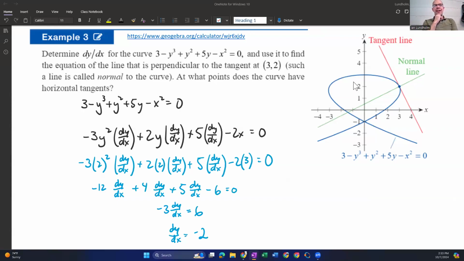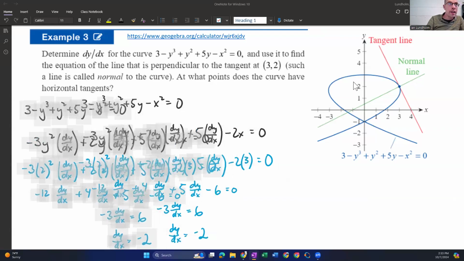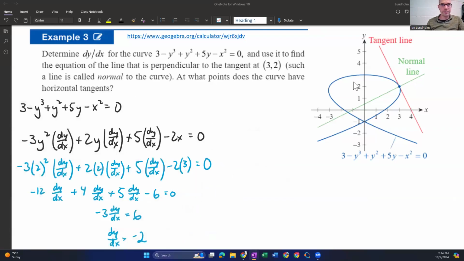Maybe plugging those numbers in early helps us find that. I'm going to go ahead and move this over a bit, so that we have some more room to the right. And so, yeah, that's telling us that the slope of our tangent line should be -2 at that point.